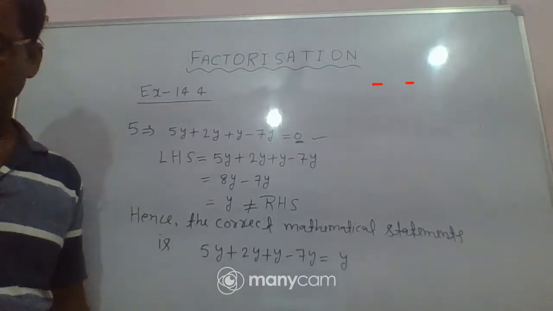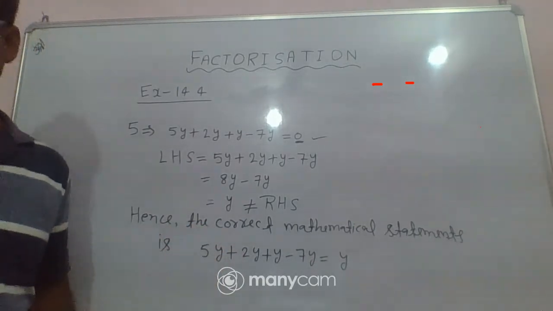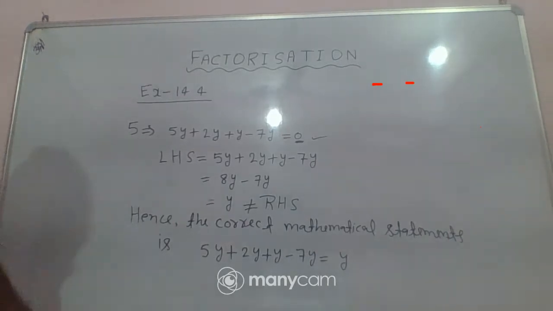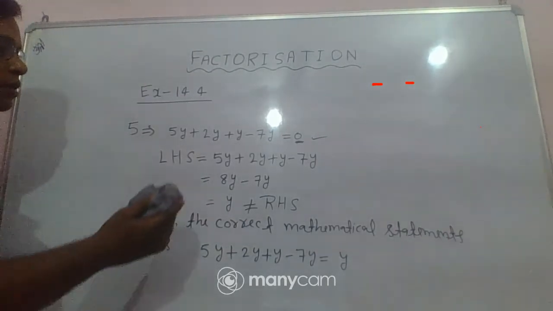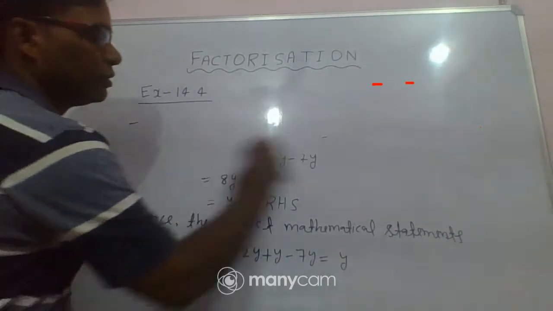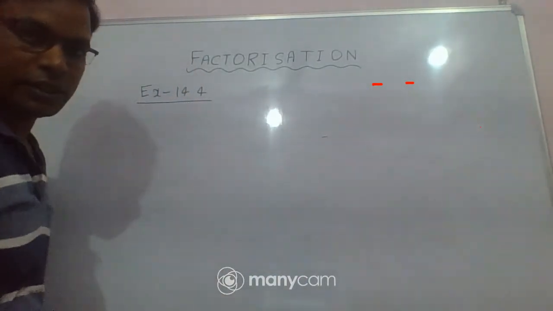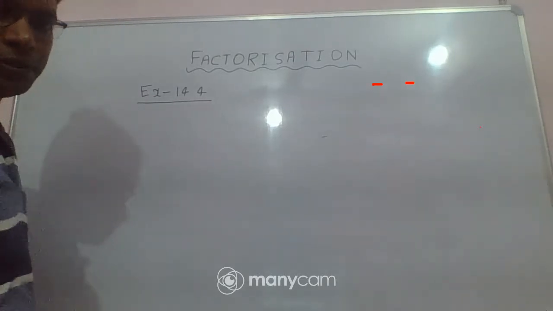Now we are going to solve question number 6. Question number 6 is given: 3x plus 2x is equal to 5x square.